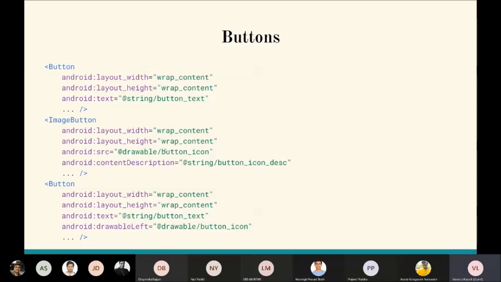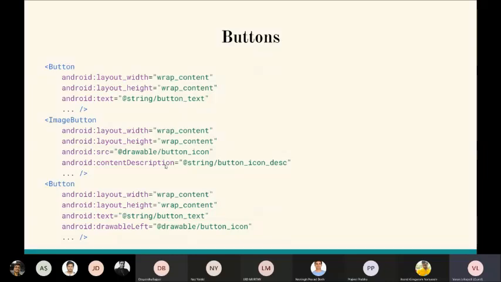What is this content description? If you are working with HTML or CSS, you should probably know that if the image cannot be displayed, then some text will be displayed in its place.